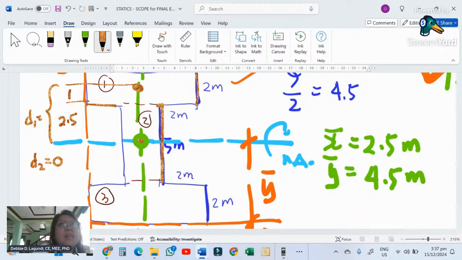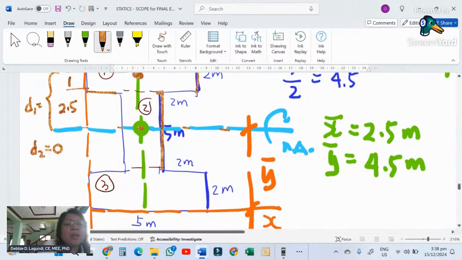The CG of rectangle 2, I repeat, is where your neutral axis was drawn, and that is exactly where the NA, the neutral axis of the whole shape, is. Okay, there's no distance, it's 0 distance.